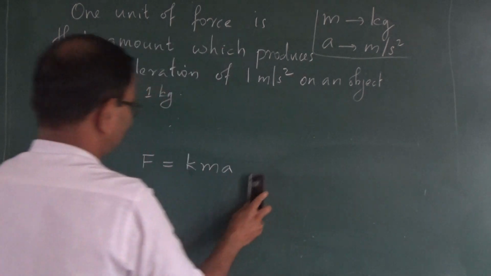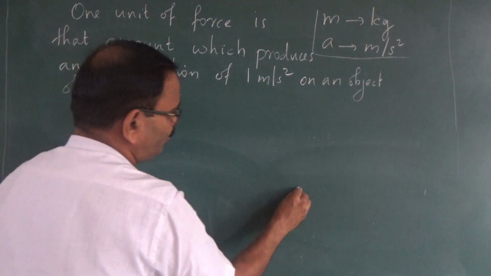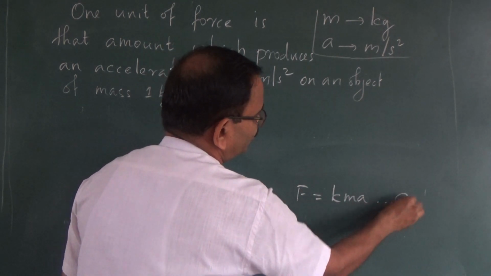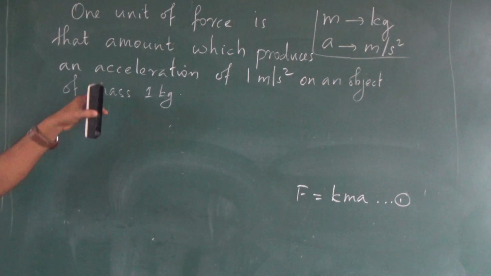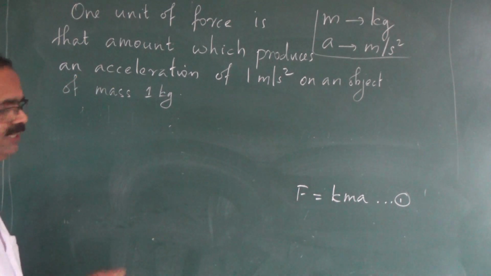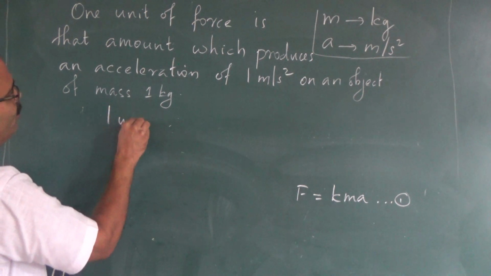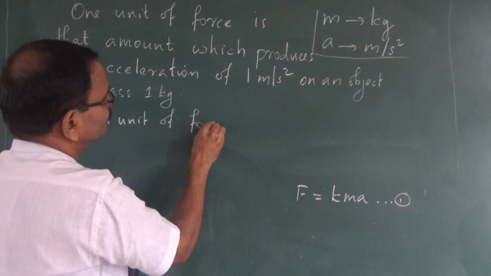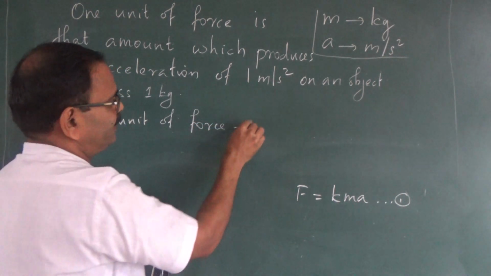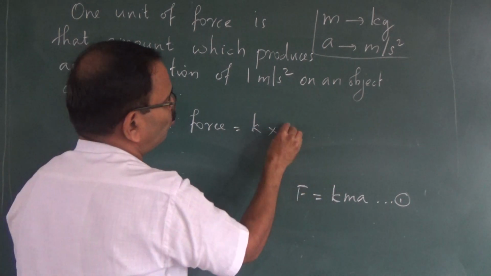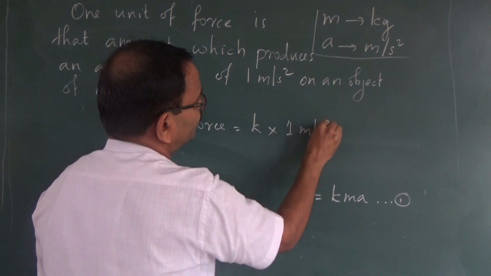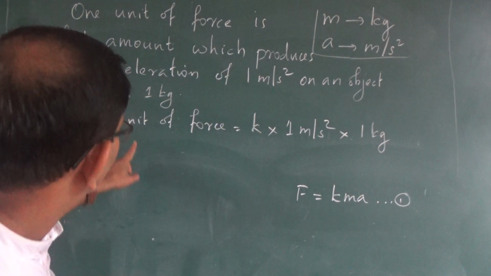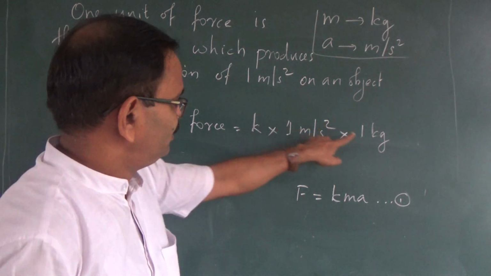See, we have F is equal to kma. This is equation number 1 for us. According to this definition, 1 unit of force is equal to k, a constant, into 1 meter per second square into 1 kg. See, everywhere here it is 1, this is 1, this is 1.